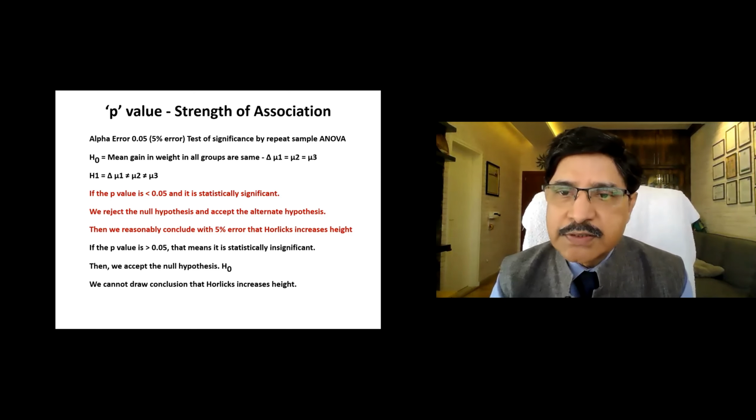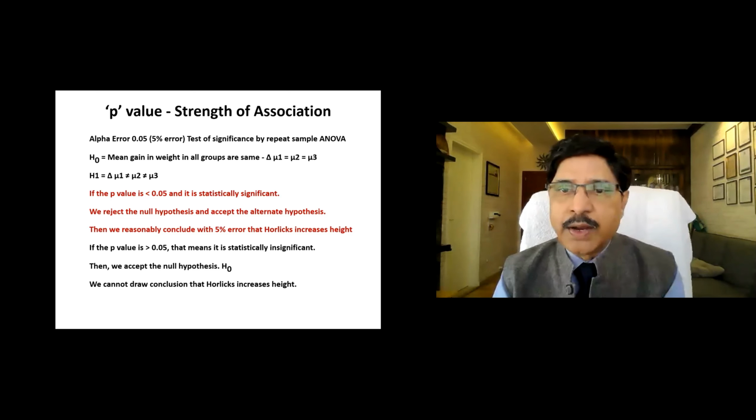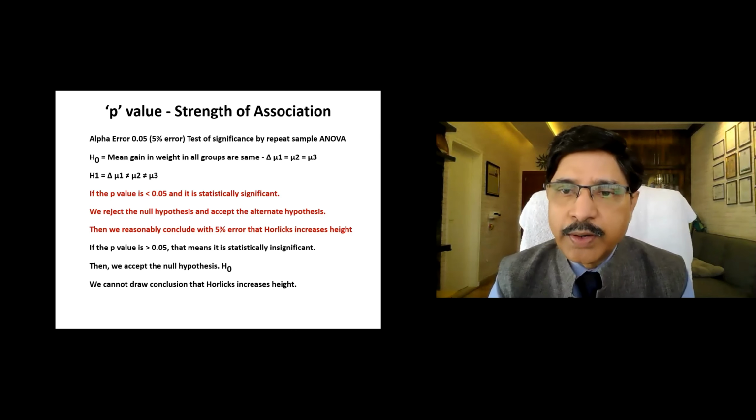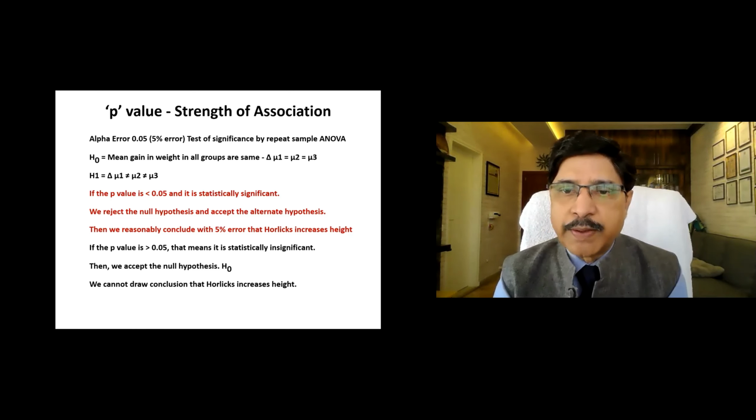Null hypothesis is the hypothesis you start off when you really are beginning the investigation in the statistical evaluation. And then that says that mu1, mu2, mu3 are same. Our idea is to confirm or refute it. And how do I do that? By ending the study calculations of test of significance by repeat sample ANOVA, I get a p-value.